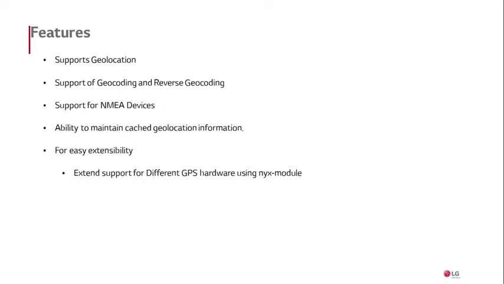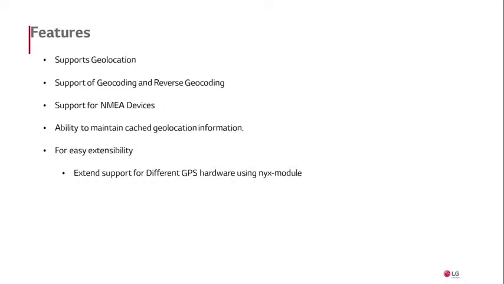And apart from that, support of geocoding and reverse geocoding. What do we mean by geocoding? Geocoding is the process that converts an address into spatial data and associates the exact geographical coordinates with that address.